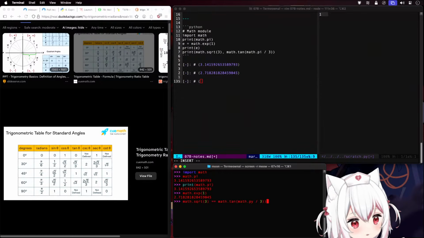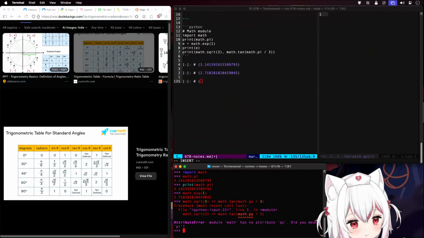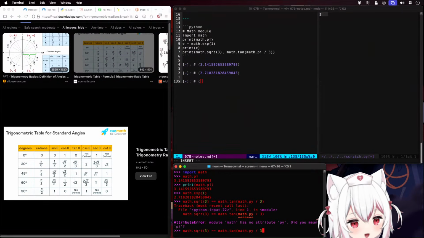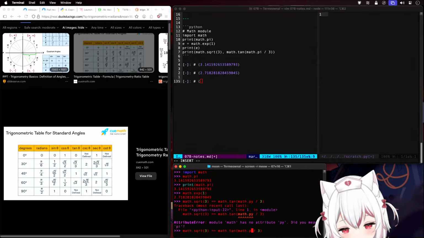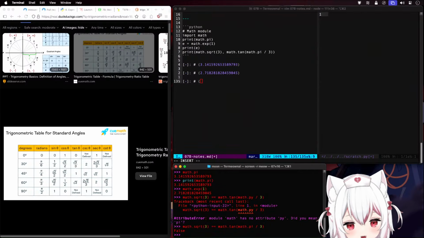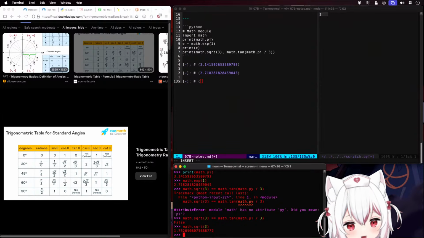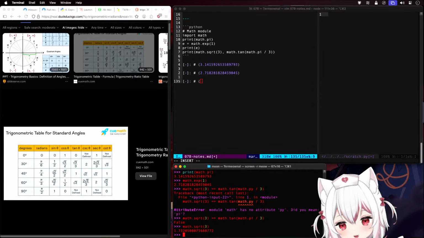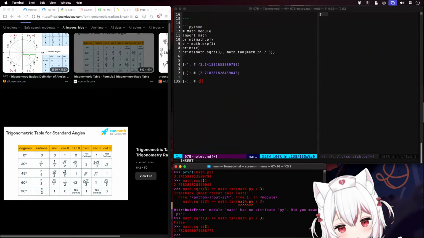Why did... Oh, that's because it was a print. I keep putting pi with a y instead of an I because I keep thinking of Python. Yeah, they're not the same. So what does this evaluate to? That evaluates to 17320508075688772.